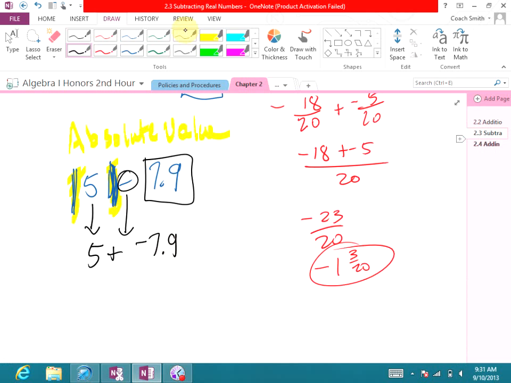Nothing changes. It's still a positive and a negative, so I must take the absolute value of both numbers. The absolute value of 5 is still going to be 5. The absolute value of 7.9 is 7.9, and I subtract their absolute values.